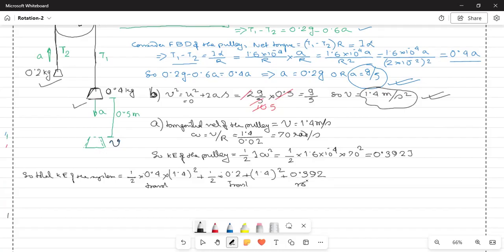If you calculate all these things, I have done the calculation, rest assured, you can also do it, you will find this is equal to 0.98 joule. So this is the answer of part A. What is the total kinetic energy of the system? Fine. Now we go to the next question.